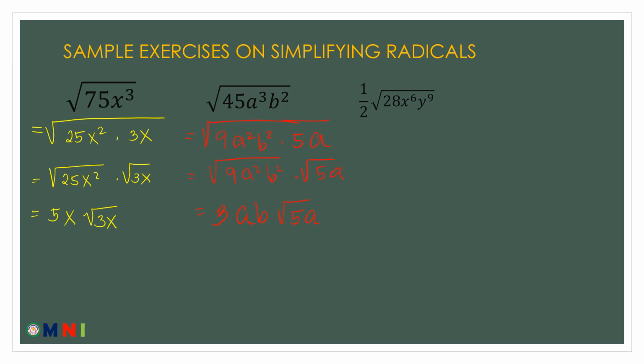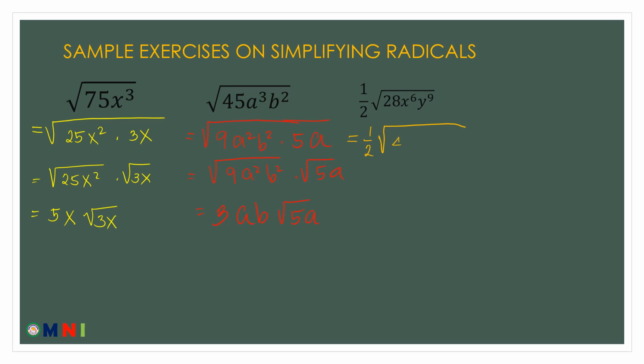Then we have here 1/2 the square root of 28 x to the power of 6, y to the power of 9. Of course, we copy the 1/2 because that's the coefficient which is outside the square root. And then we look for a perfect square factor of 28, which is 4.